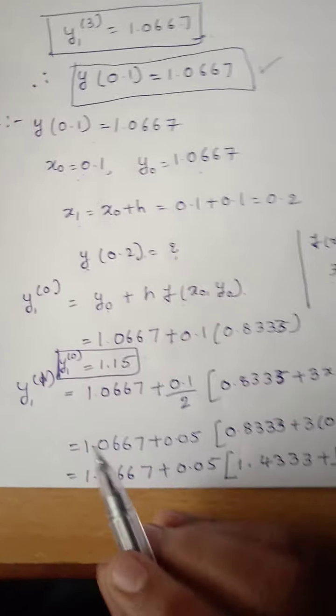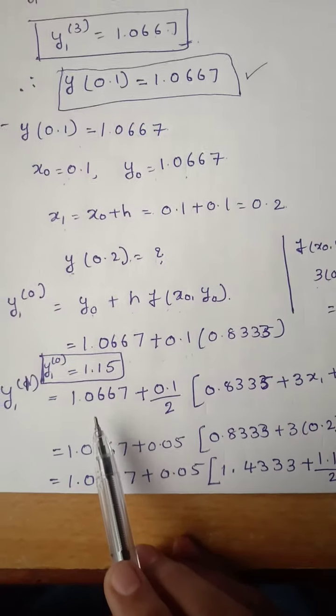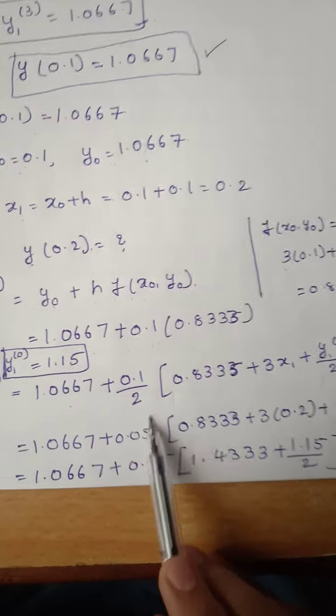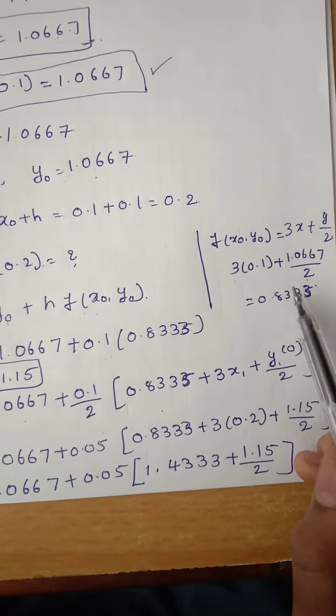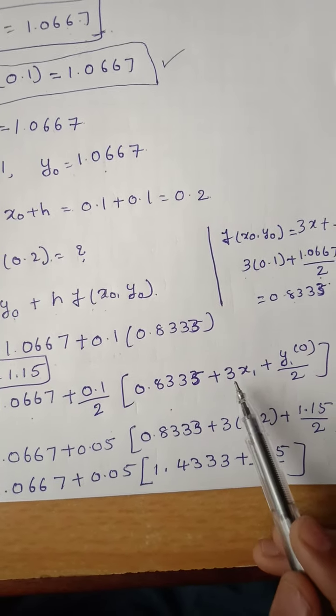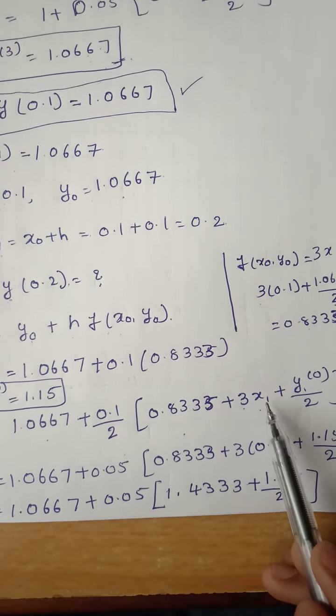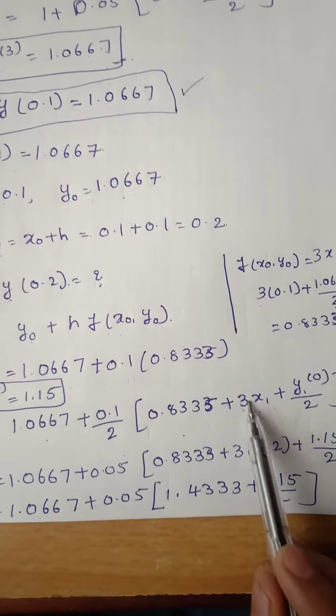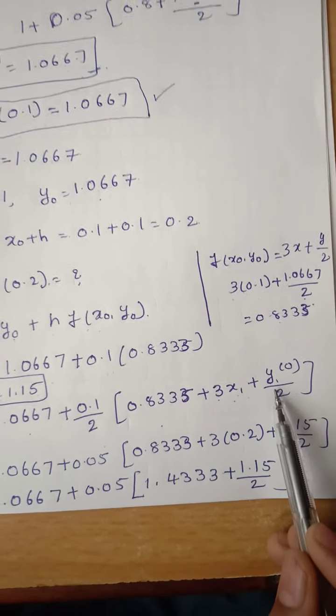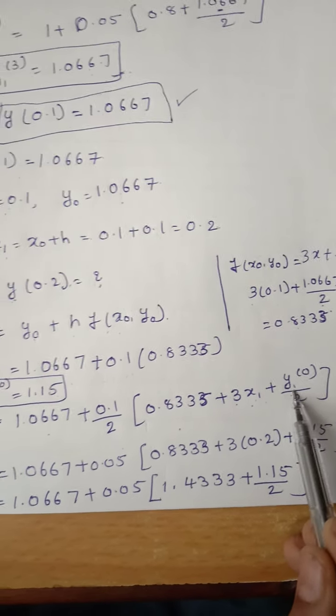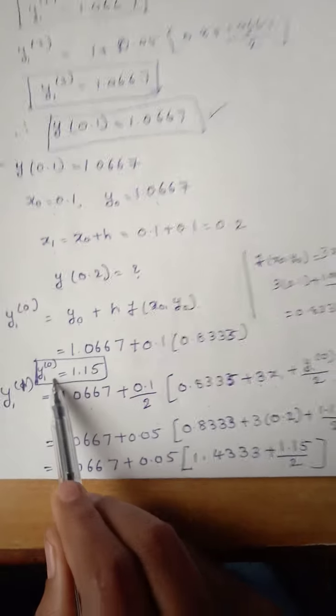So y1 of 1, I have not written the formula, we already wrote it in the first stage. Just substitute y naught plus h by 2 into f of x naught, y naught. In the place of x we have to substitute x1, and in the place of y we have to substitute the y1 of 0 value.